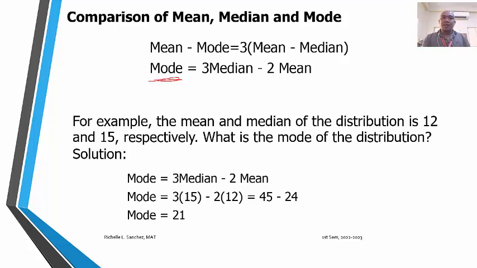For example, the mean and median of a distribution are 12 and 15 respectively. What is the mode of the distribution? So using this formula, you can now plug in the given median and mean values to get the mode. So in this case, our mode is 18.